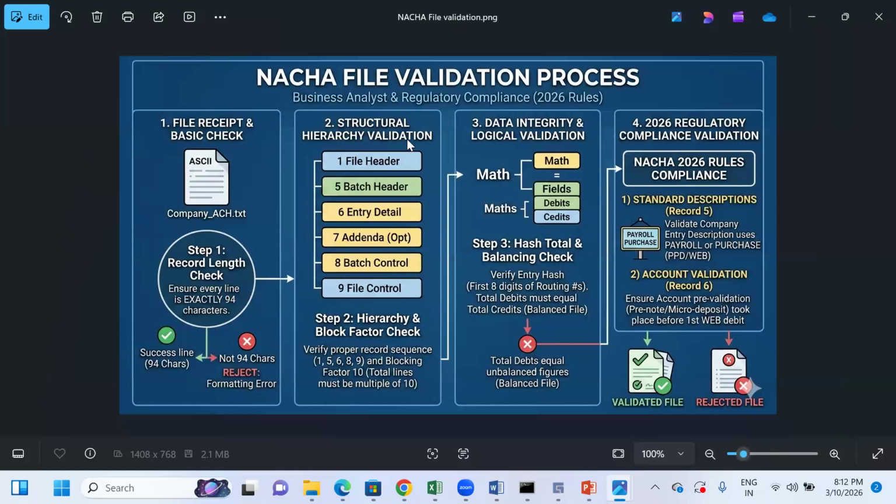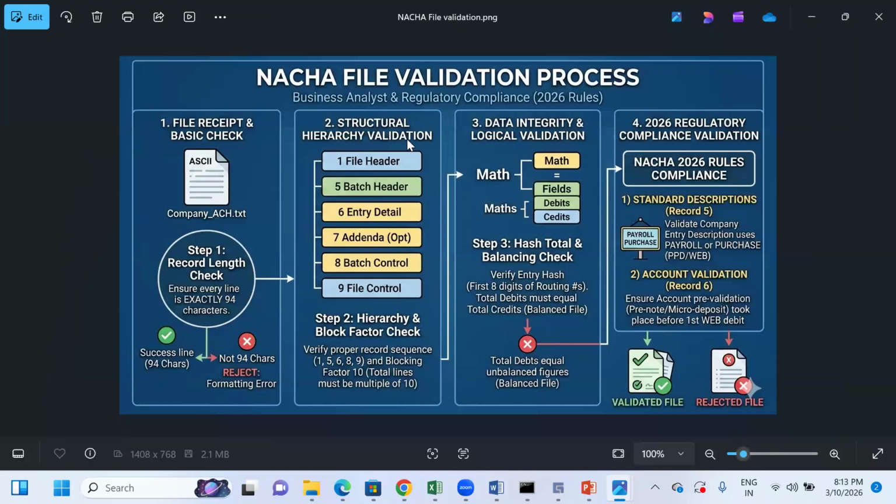Batch header is about what kind of payment is being done, the SEC code, for example whether it is a web payment. It majorly validates the service class codes.